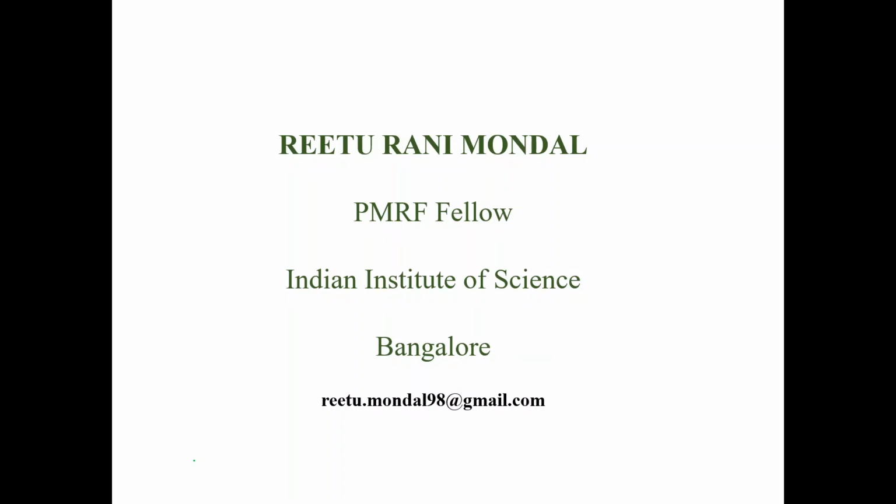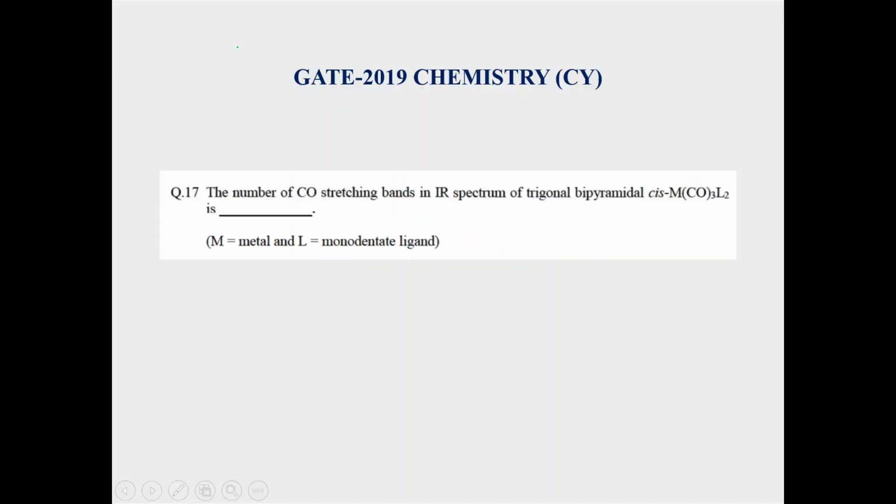Okay. Today we will be starting with this question, which came in GATE 2019. Question number 17. The question is: the number of CO stretching bands in the IR spectrum of trigonal bipyramidal cis-M(CO)3L2. Here they are asking how many total IR active carbonyl stretching bands are in this particular complex.